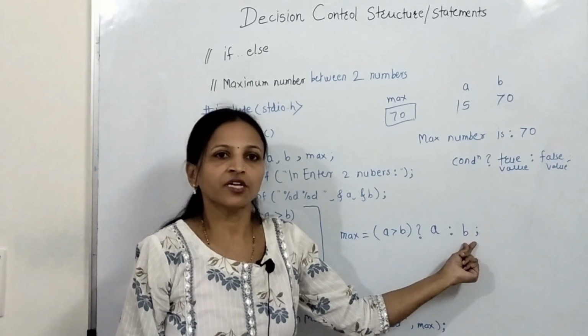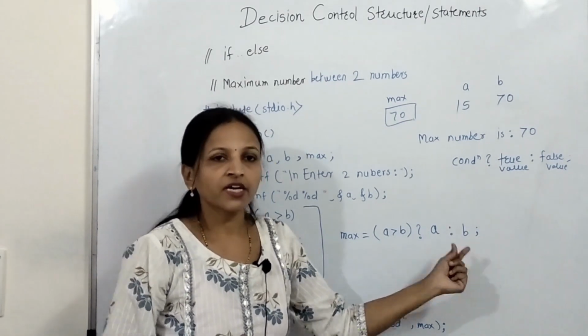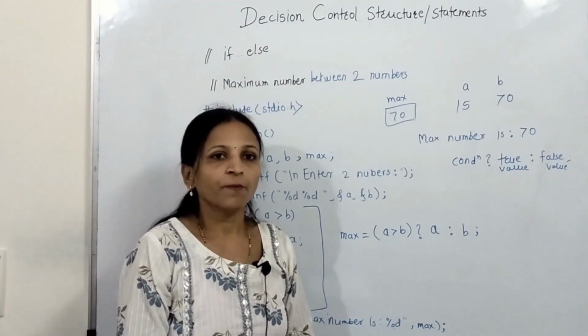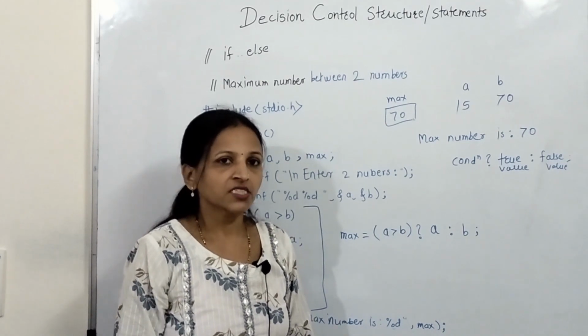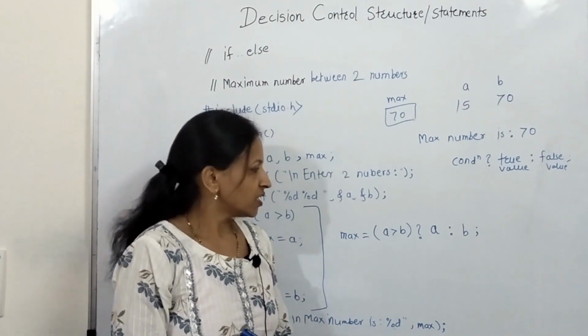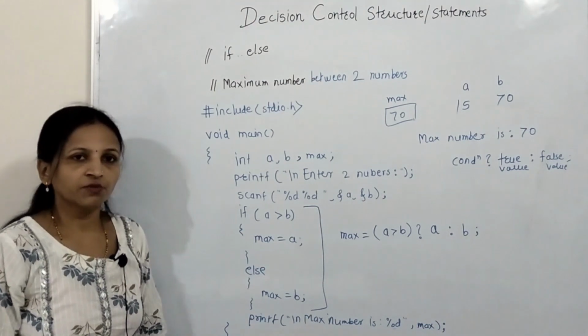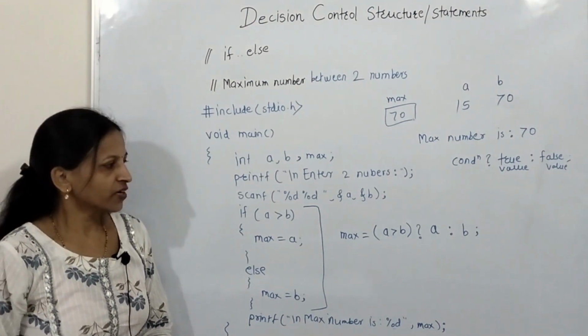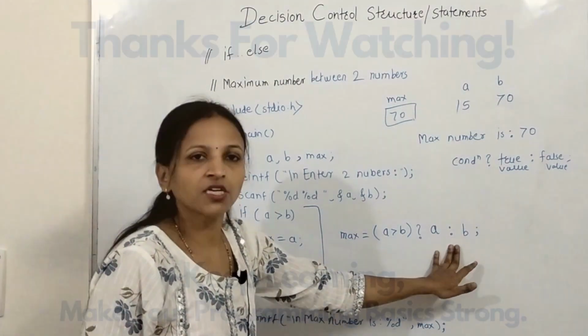This part I have already covered in the operators concept, and one more link for the ternary operator concept I am giving in the description box. Just check it out, then you will get an exact idea about this ternary operator.